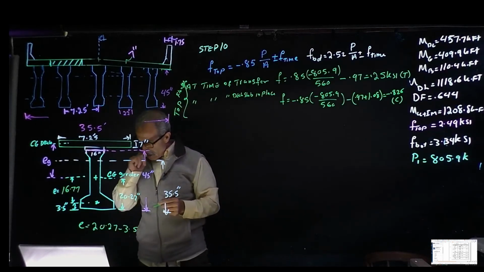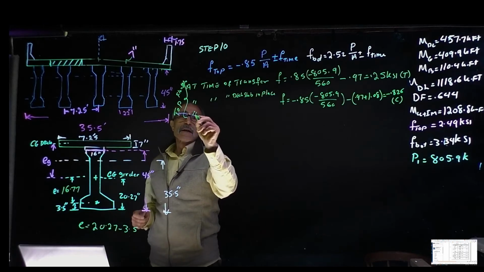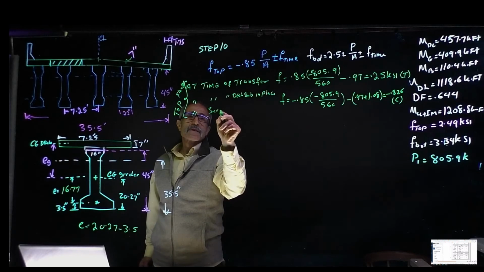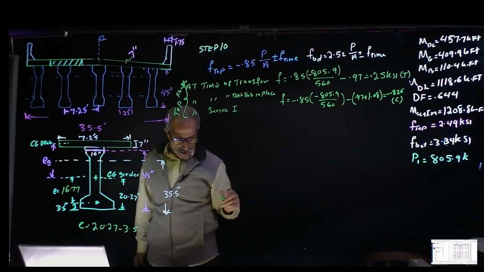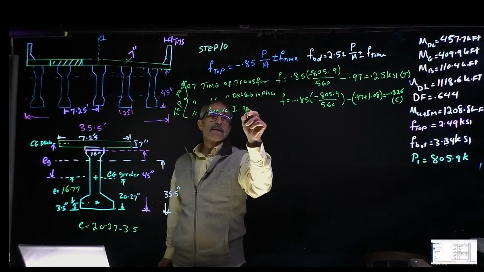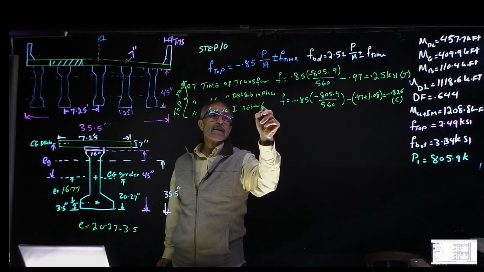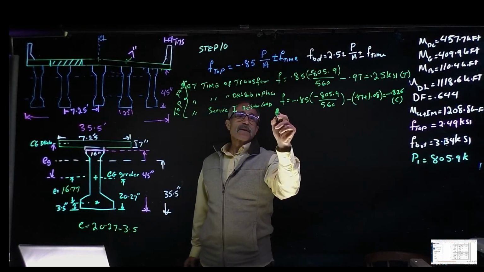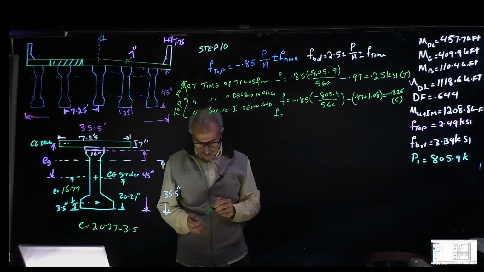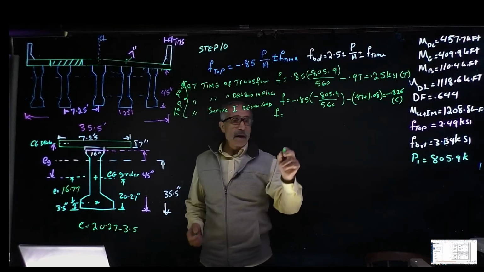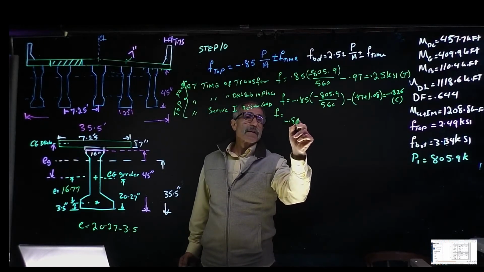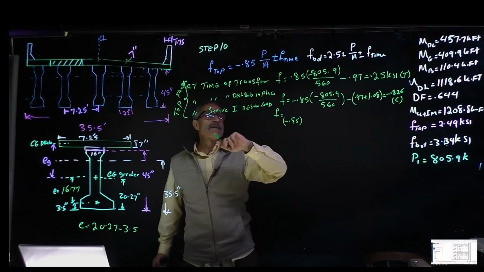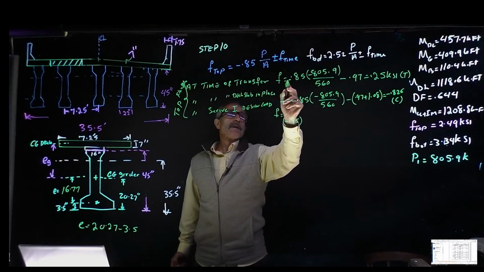And then it's the same here, we got to do service 1 design load. So now we're going to have F is equal minus 0.85. I guess there is minus up there. I forgot to put a minus there.